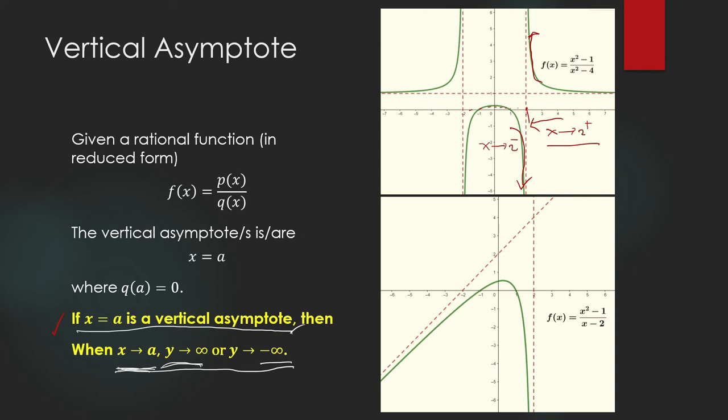So whenever you see that kind of behavior in the graph in relation to a vertical line, that vertical line is a vertical asymptote. You will see these two notations often.